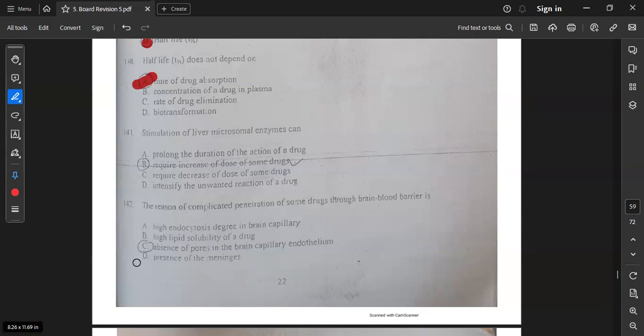Would choice D also be a possible answer? For example, if B wasn't there, if B was some absurd answer, intensify the unwanted reaction of a drug. For example, if we stimulate the CYP2E1 for paracetamol, it will form more of the NAPQI, and that would function more towards hepatotoxicity.